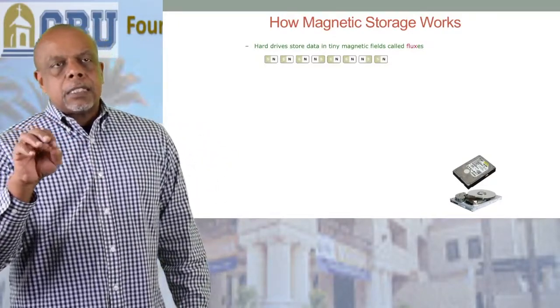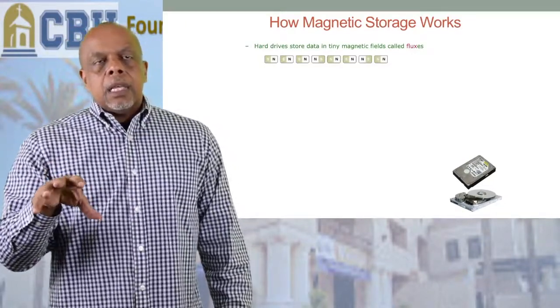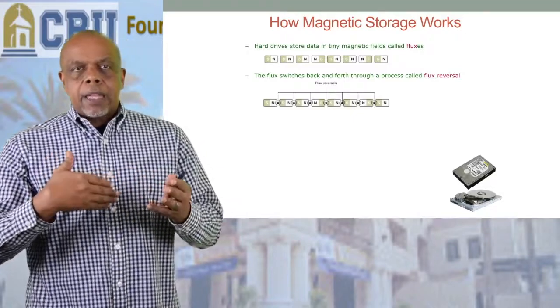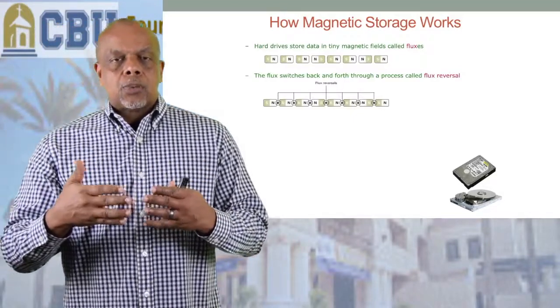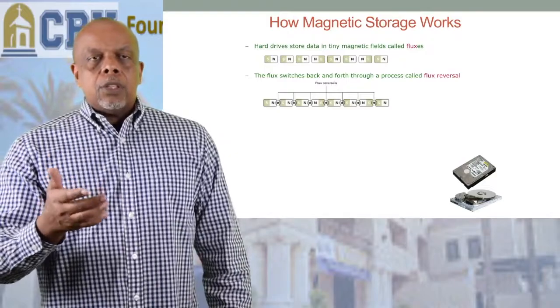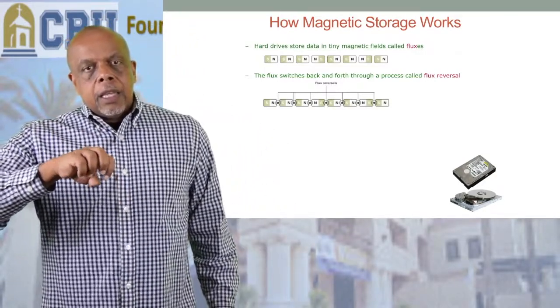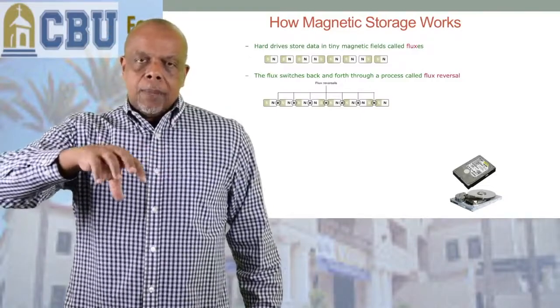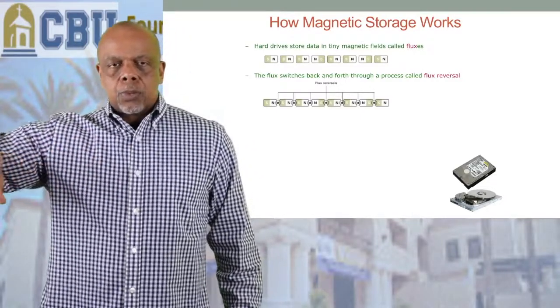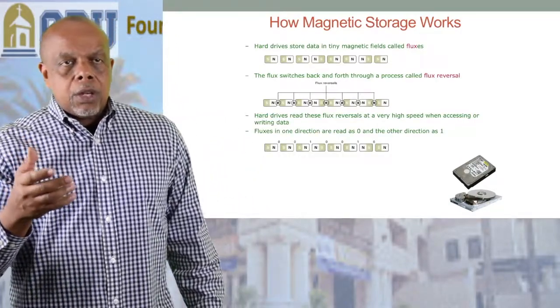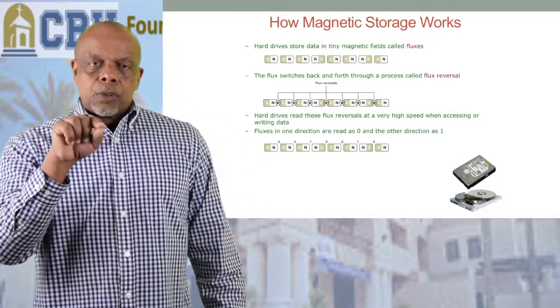These magnetic fluxes on the platter are turned in different directions, and they switch back and forth, which is called flux reversal. When you store information on a drive, the write head magnetizes and causes that flux reversal. When I want to read it, my hard drive reads those reversals.